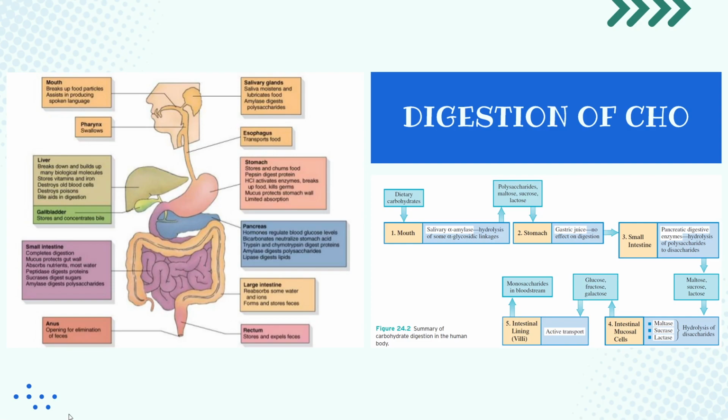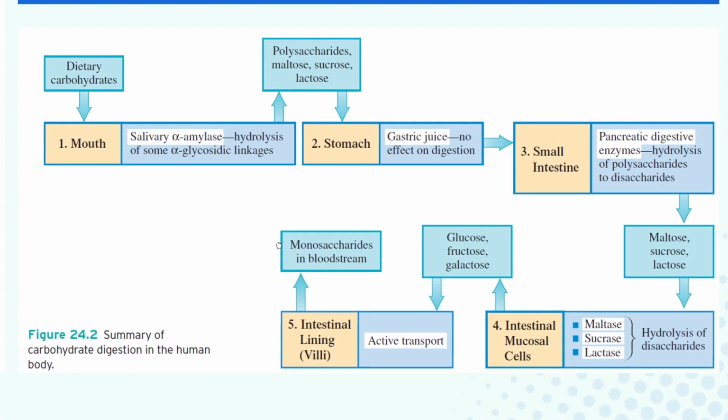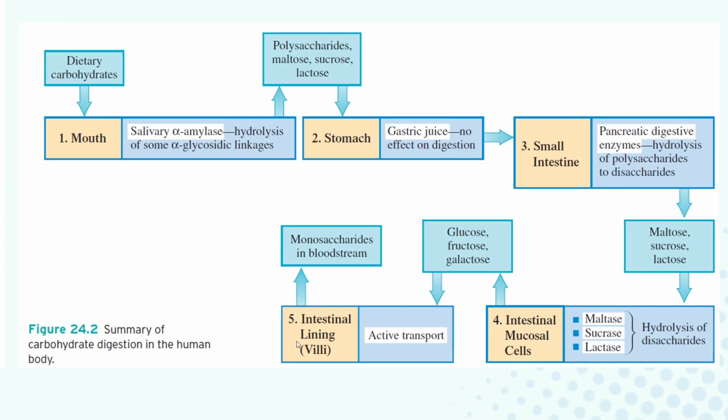But let us focus on the schematic diagram here, because this will summarize how the digestion process will happen, and it will only involve 3 different organs, from the mouth to your stomach and to your small intestine.